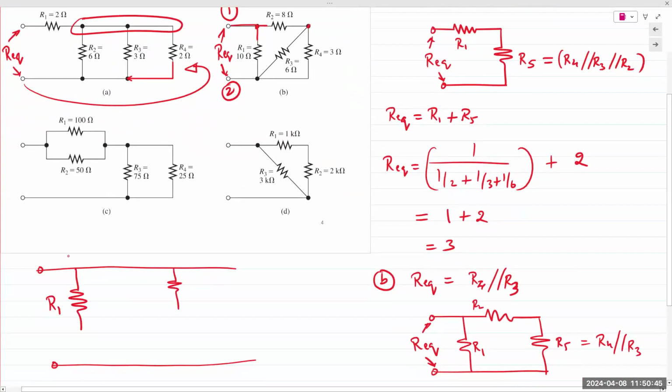And then some distance away, I will draw R2. When I begin solving a circuit like this, we would not have any idea how much space I need, so I'll just make it as large as possible. Then I would follow R1. Again, the goal is to reach terminal 2. If I follow R1, I can see it's connected directly to terminal 2. So I will drop this connection directly to terminal 2.